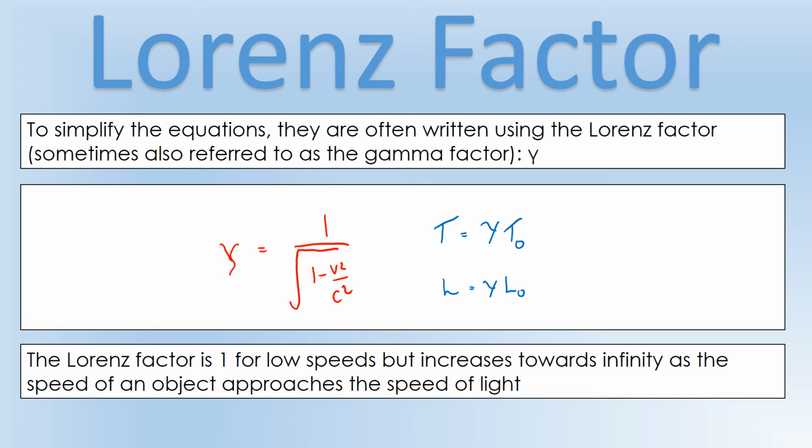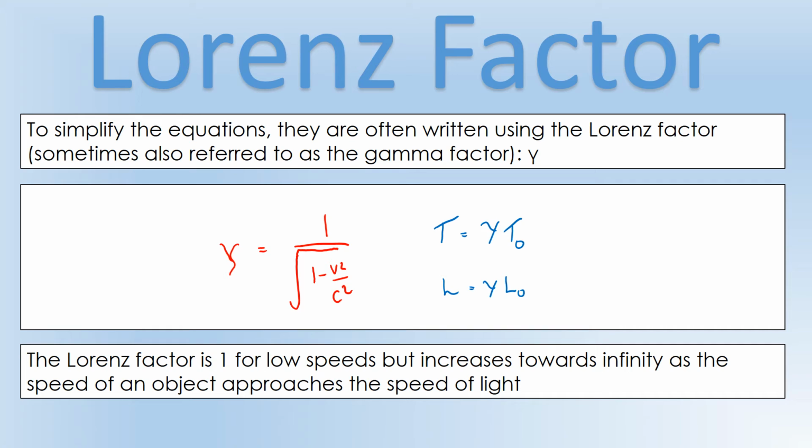Some notation that is used to simplify some of the equations is the Lorentz or gamma factor. Essentially, the Lorentz or gamma factor is 1 over the square root of 1 minus v squared over c squared. It's used to put into the equations to simplify them quite a bit. So essentially, we get these expressions here. The Lorentz factor for low speeds is pretty much 1.